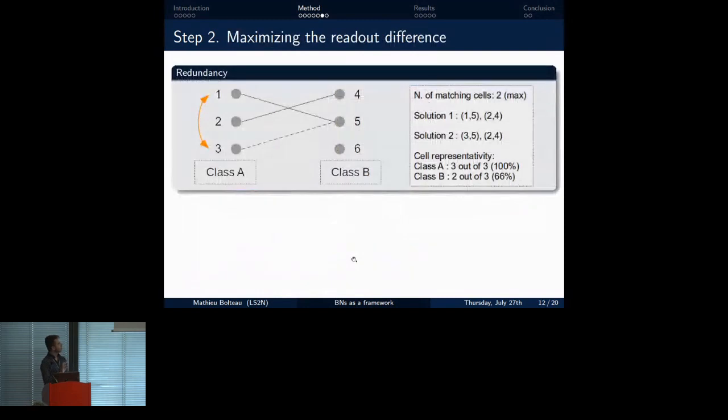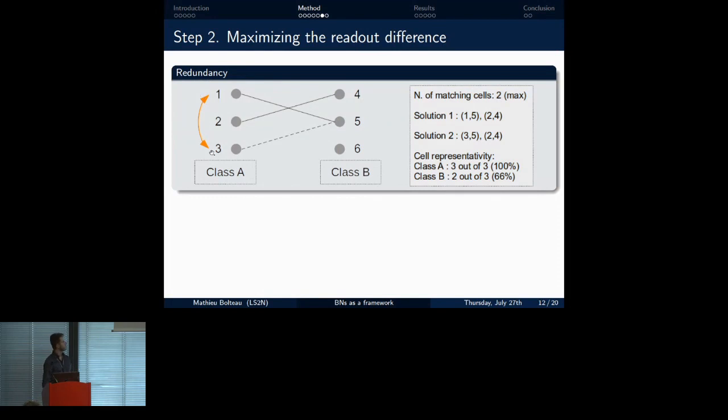Then, if we see the matching cells as a graph where nodes are cells and edges are matches, we can observe that we have, for this example, redundant cells, here the cell 1 and the cell 3.